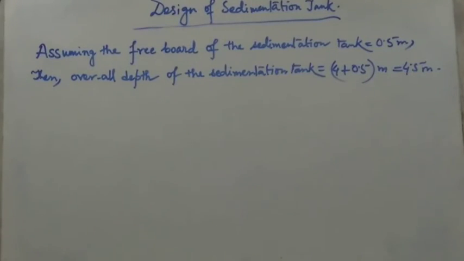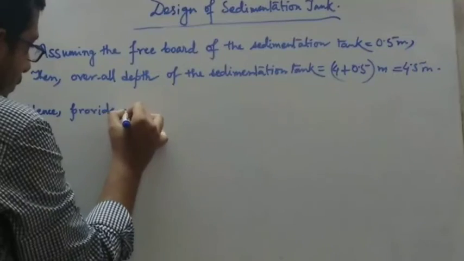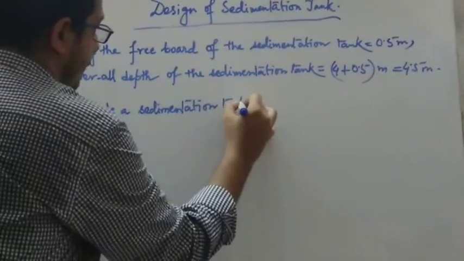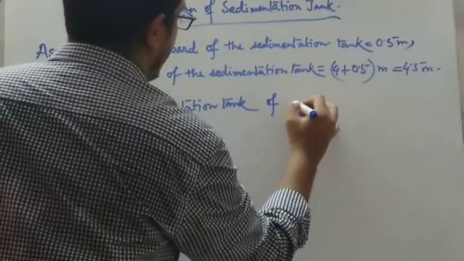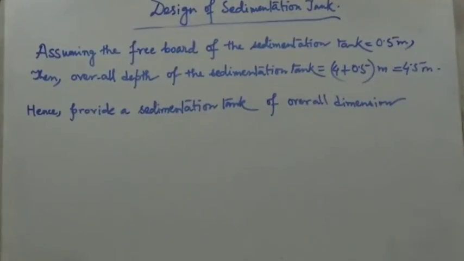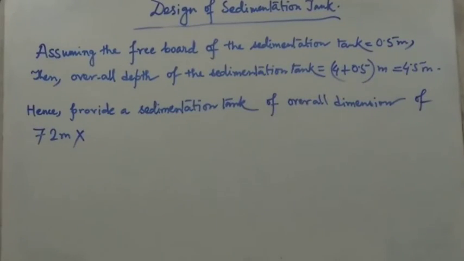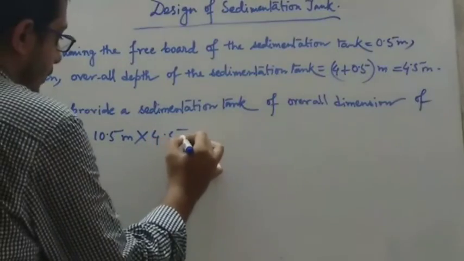So please write down, hence provide a sedimentation tank of overall dimension of 72 meter into 10.5 meter into 4.5 meter.